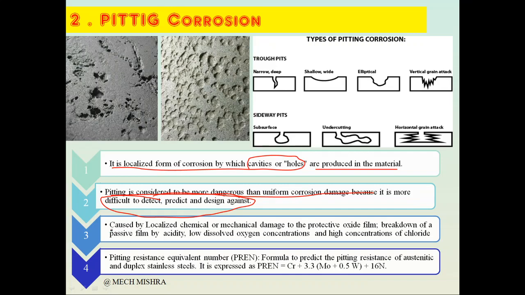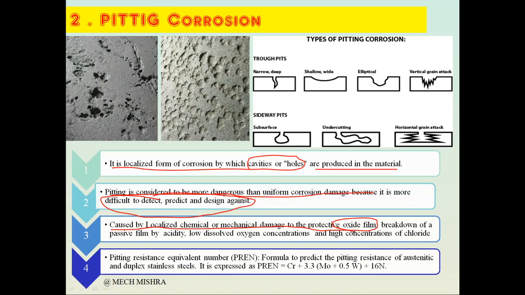Okay, and it is caused by localized chemical or mechanical damage. It may be a localized chemical reaction, or local damage of the oxide film, because we have seen that if a stable protective oxide film is formed, it prevents further corrosion.